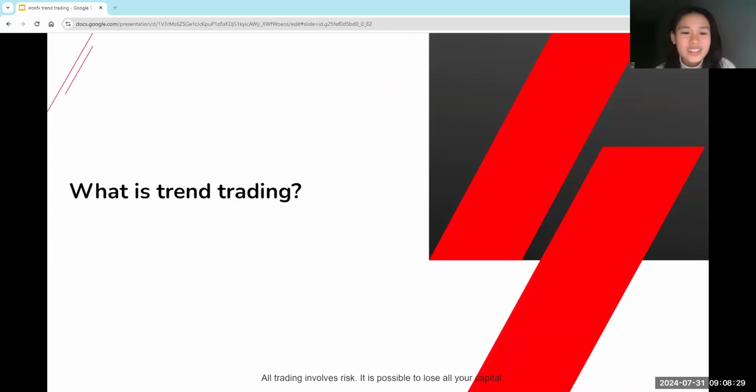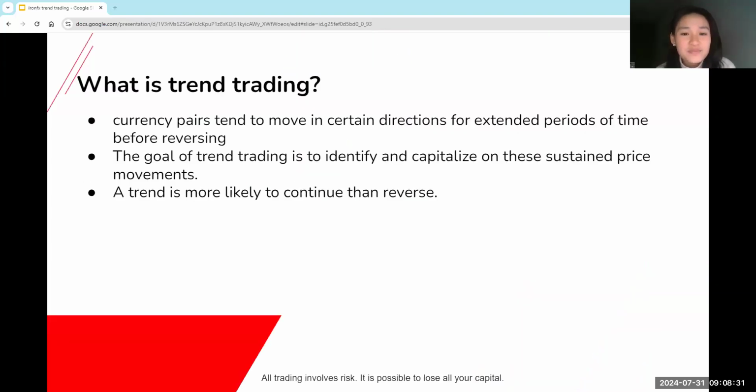trading exactly? So firstly, it's a popular strategy used in Forex market by traders to take advantage of the directional movement of currency prices over time. So as a beginner, understanding trading can help you to make more informed trading decisions.